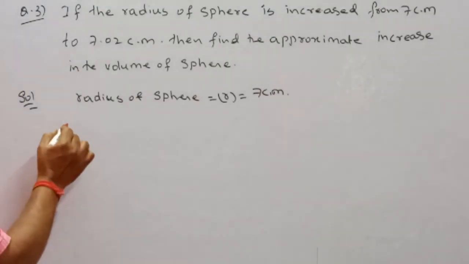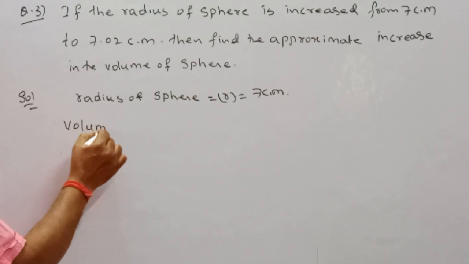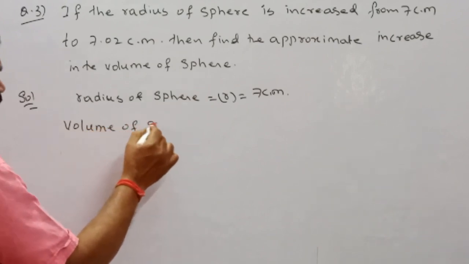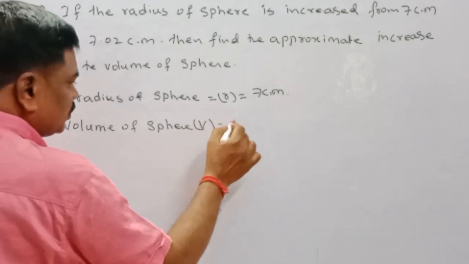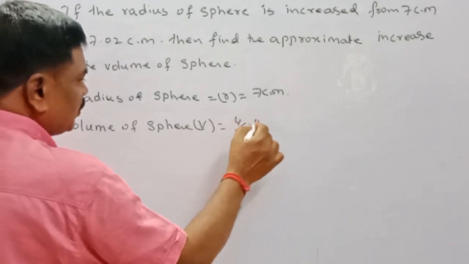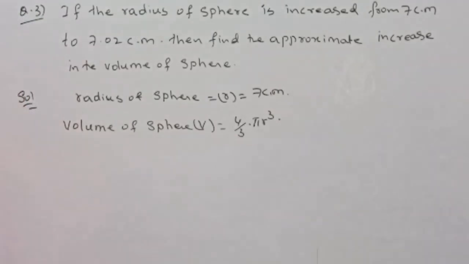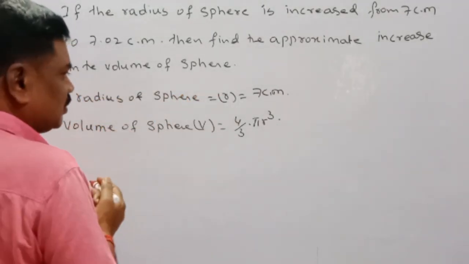So what is the volume? Volume of the sphere V is equal to 4 by 3 pi r cube. This is the volume of the sphere.